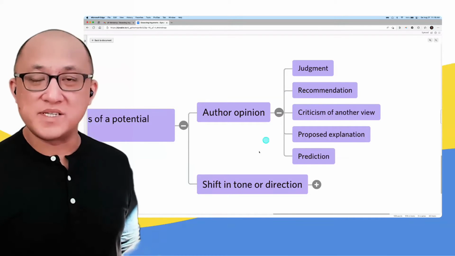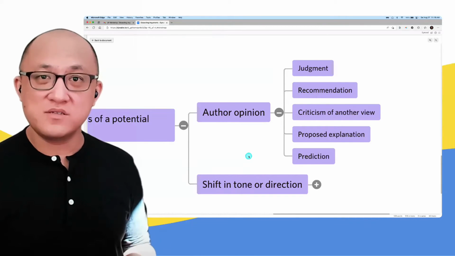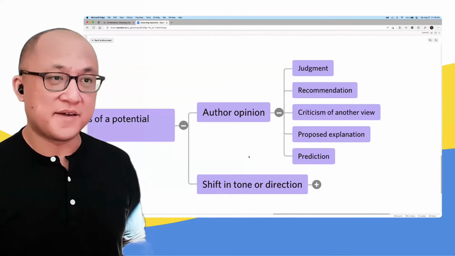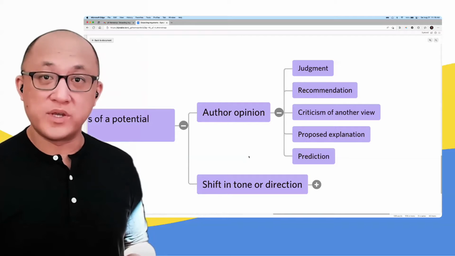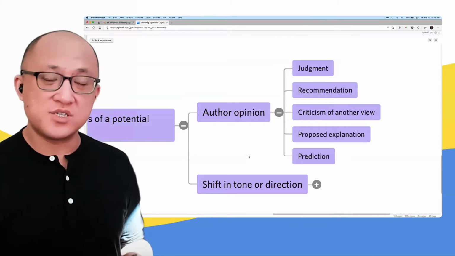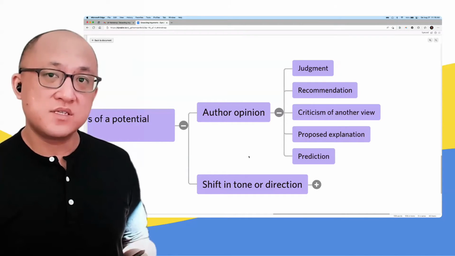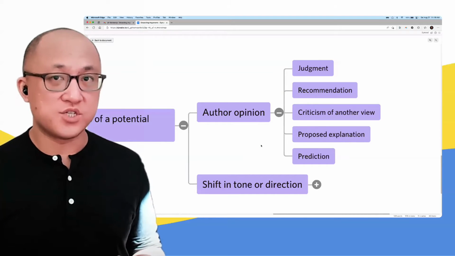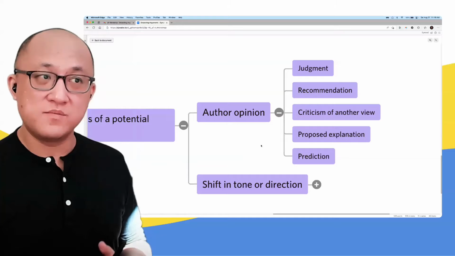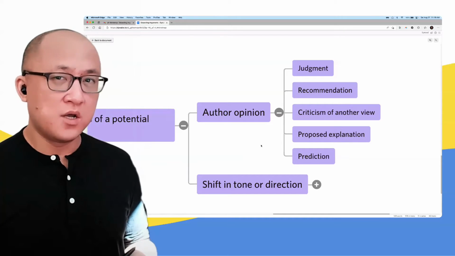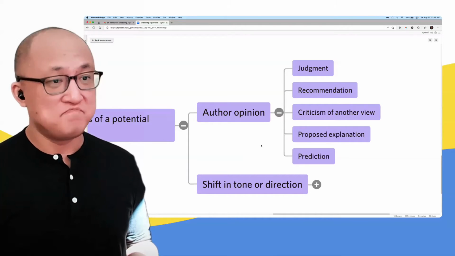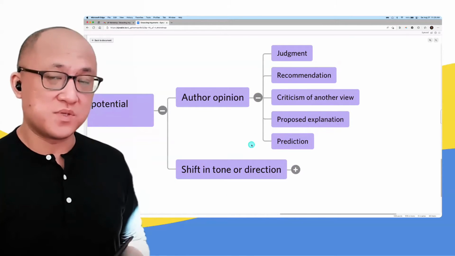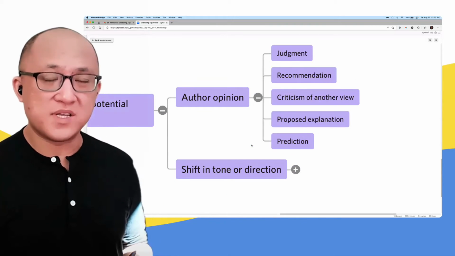Okay. Recommendations. Oftentimes it's a recommendation because they use the word should. We should go to the restaurant. We should not try any fusion dishes. Those are recommendations. Criticism of another view. That's often a conclusion. When the author rejects another person's view or says that it's flawed, that's very often the conclusion. Proposed explanations. This is also very common.